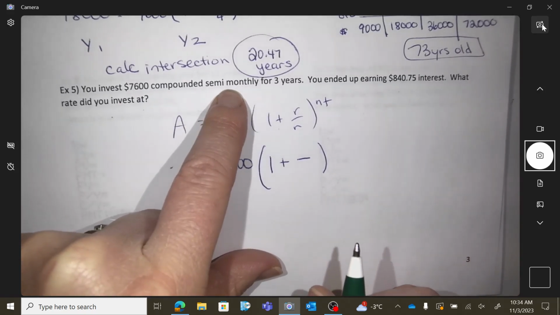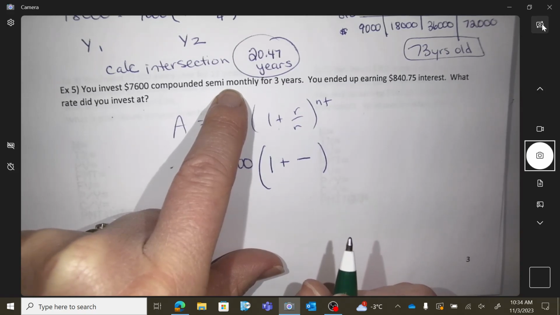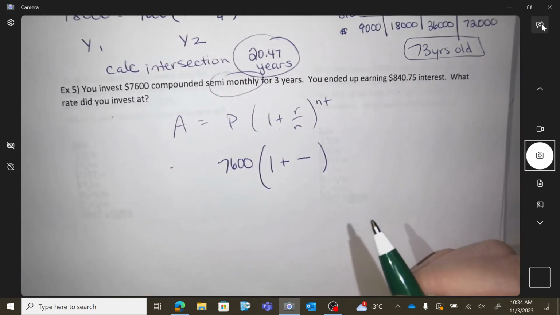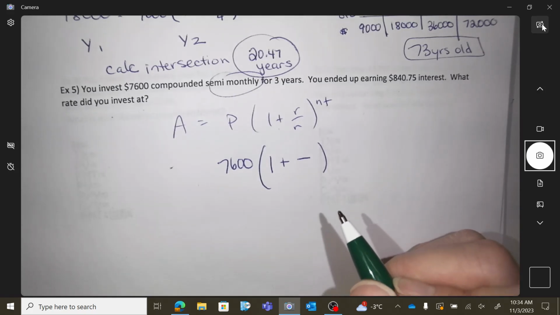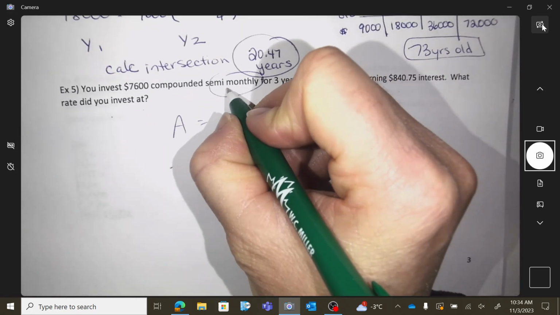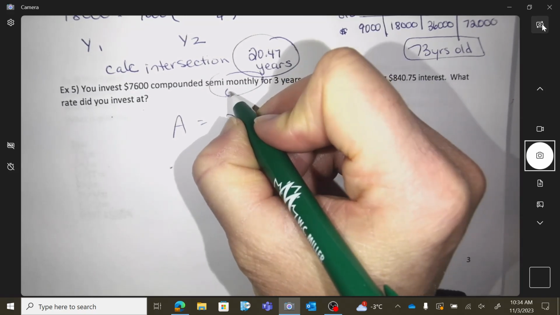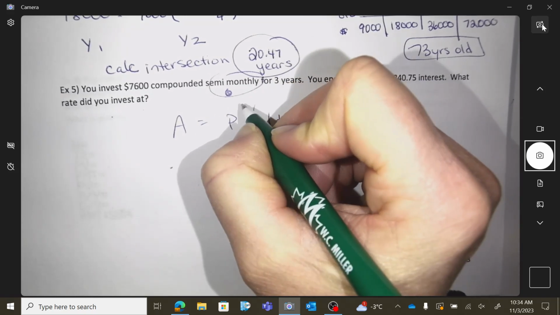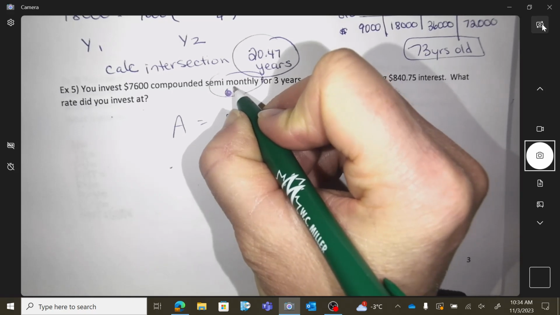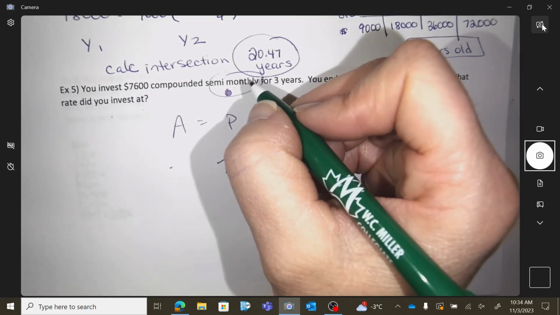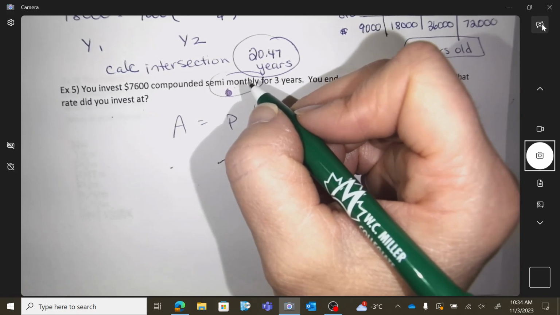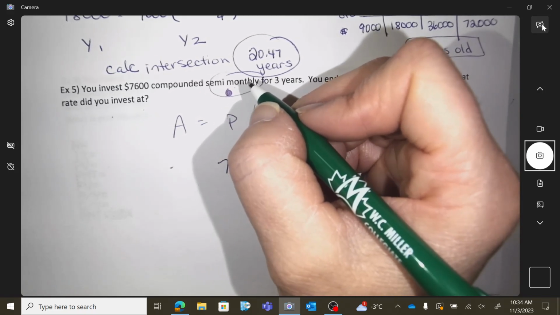Compounded semi-monthly. Semi-monthly is twice a month? Semi-annually was twice a year. So semi-monthly is twice a month, 24.